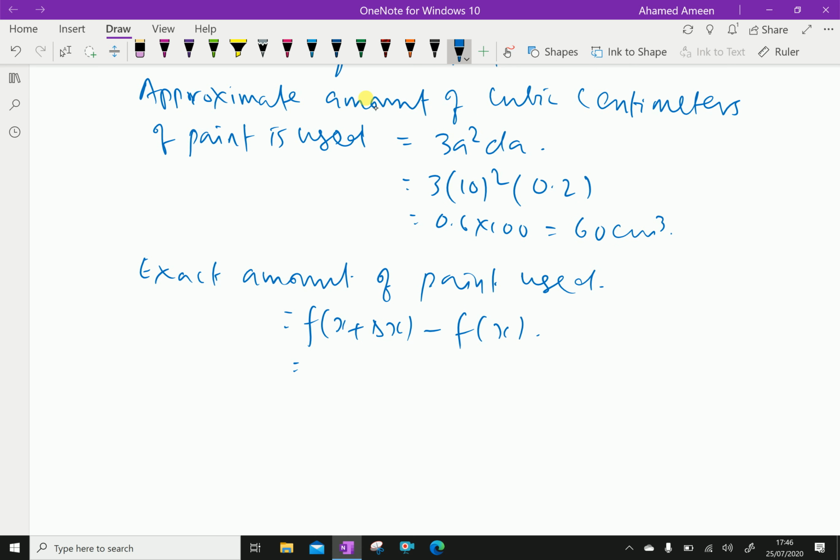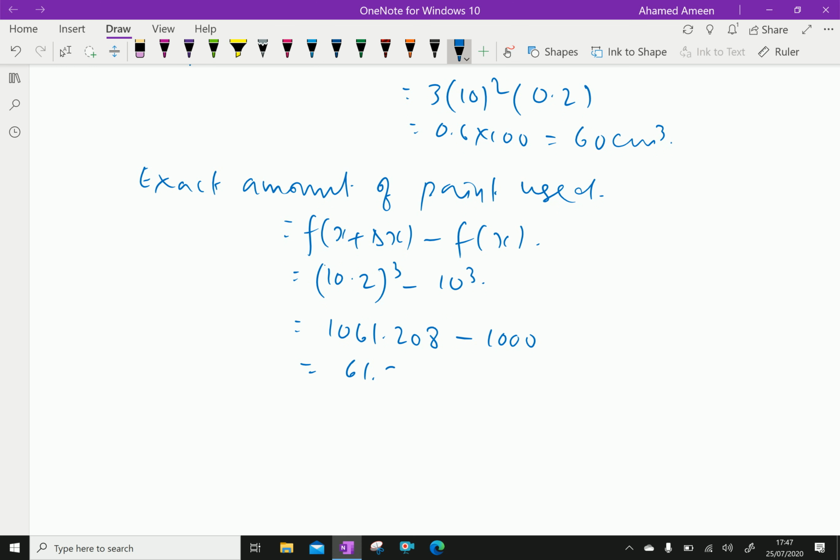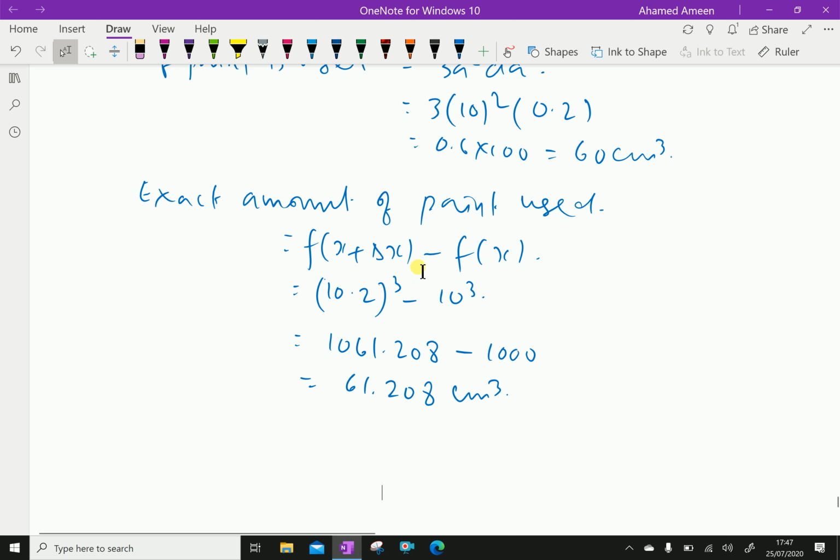Here x is 10 plus 0.2 is 10.2 cube minus 10 cube. 10.2 cube by calculation gives 1061.208 minus 1000, which equals 61.208 centimeter cube. So a very small difference will come by using the differential formula as well as the actual volume formula.